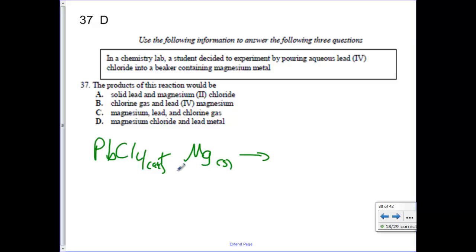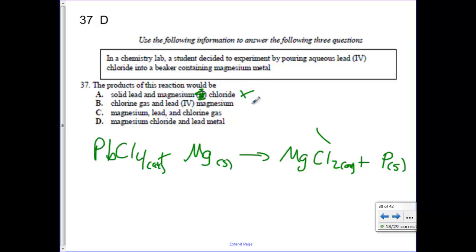What kind of reaction is this going to be? Good. So you'll have magnesium go with chloride, and you'll have lead solid. I believe this is aqueous, but I should look this up real quick. MgCl2. Yeah, this one's aqueous. So is it solid lead and magnesium 2 chloride?